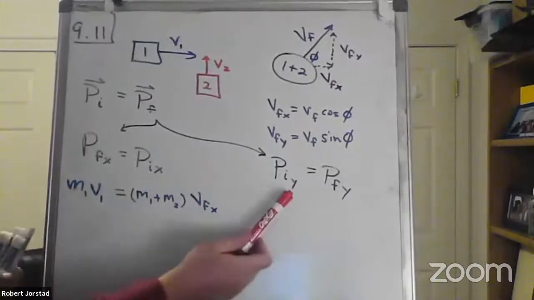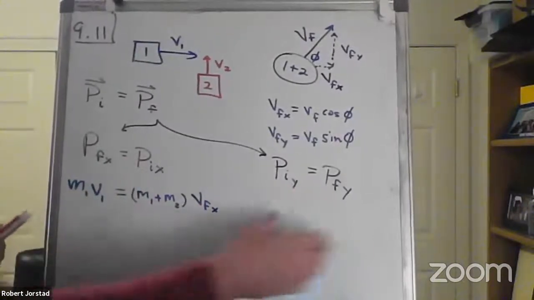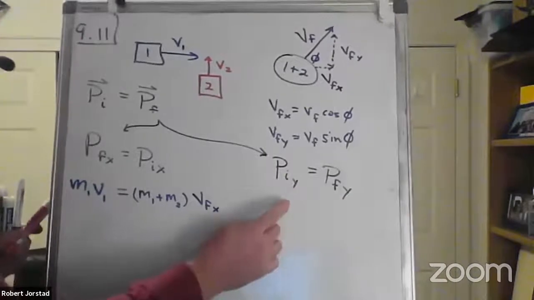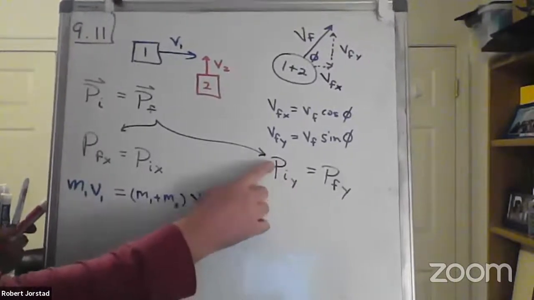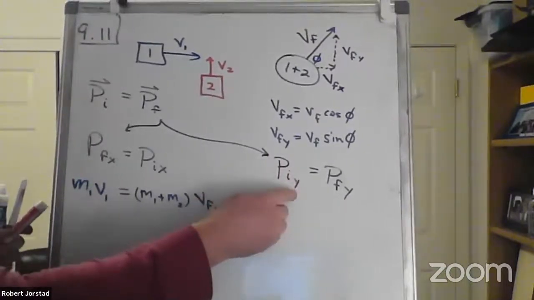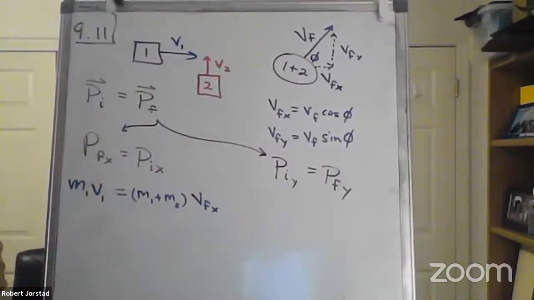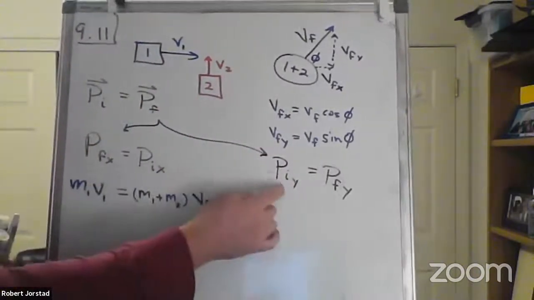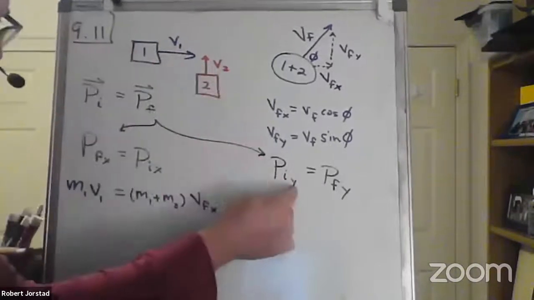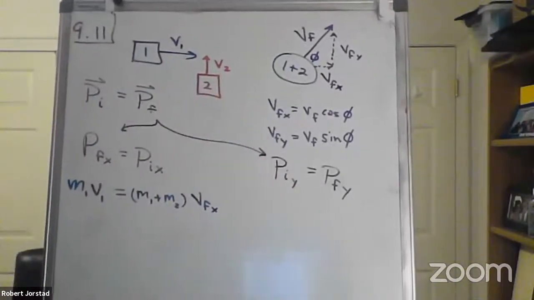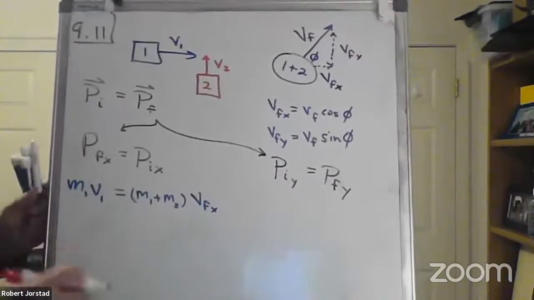Over here, Alonzo, you asked, I'm going to pick on you. What do you think I should write for the initial momentum in the Y direction? What would I get for this case? Initial momentum in the Y direction. For when they're both together?